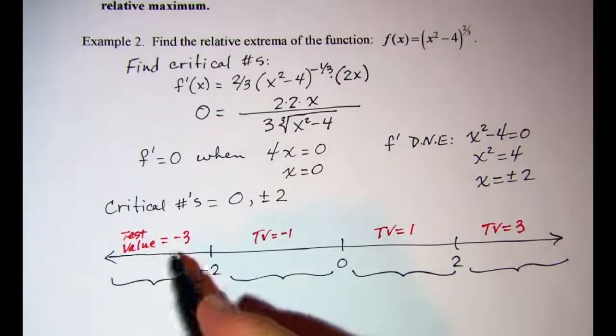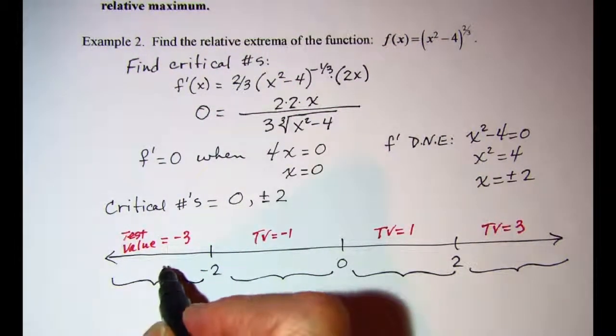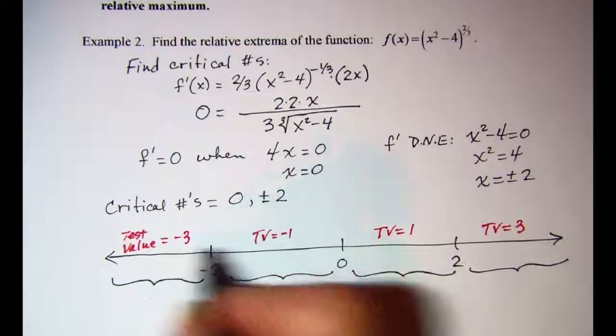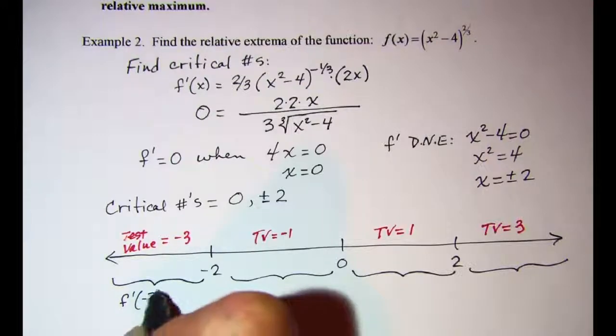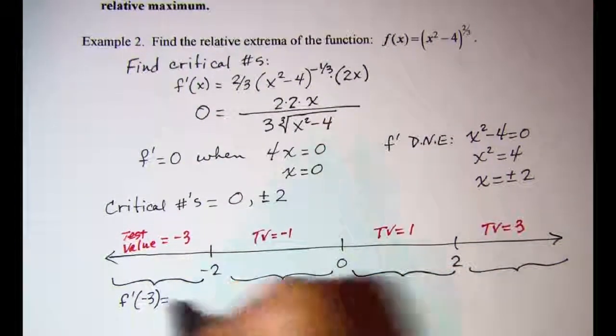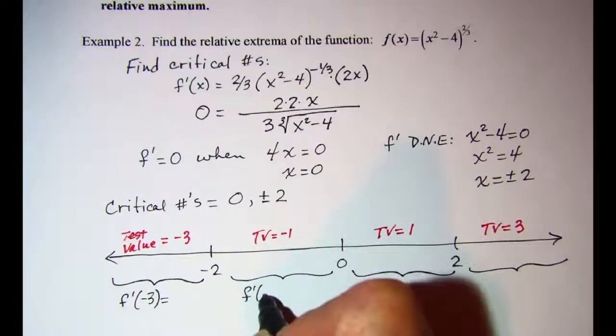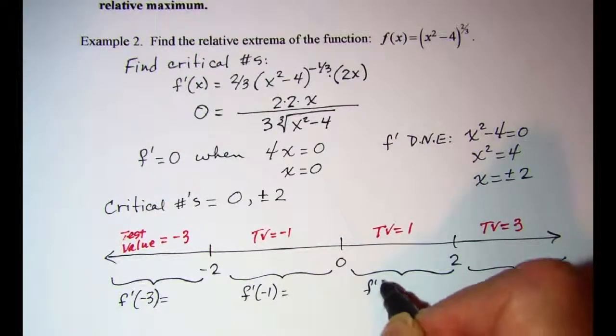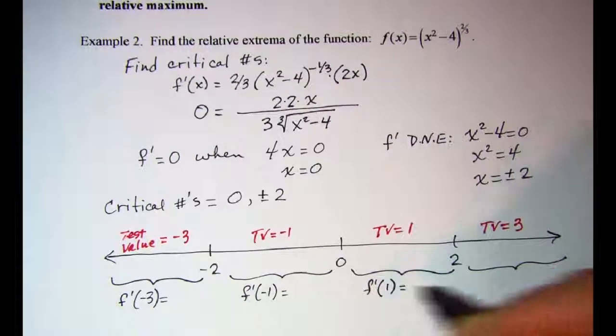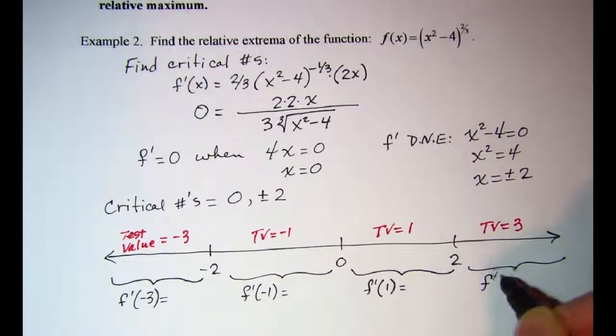So we wish to find the value of our derivative at each of these. So f prime at -3, f prime at -1, f prime at 1, and f prime at 3.